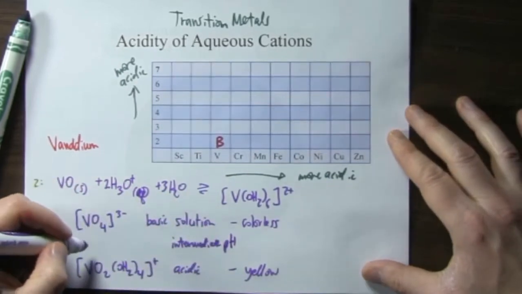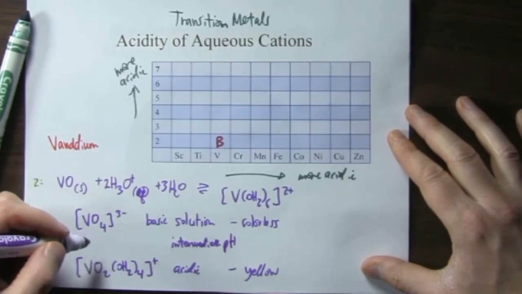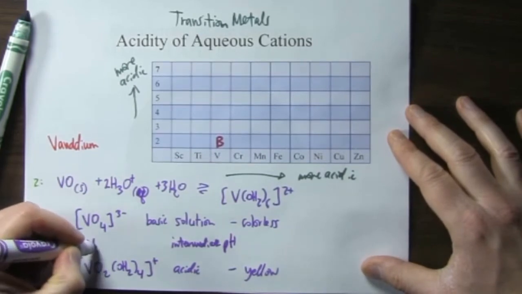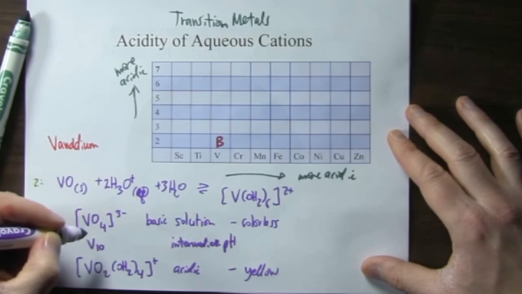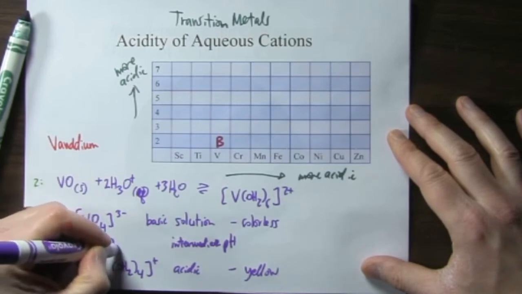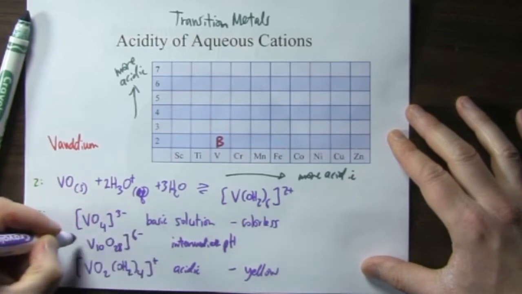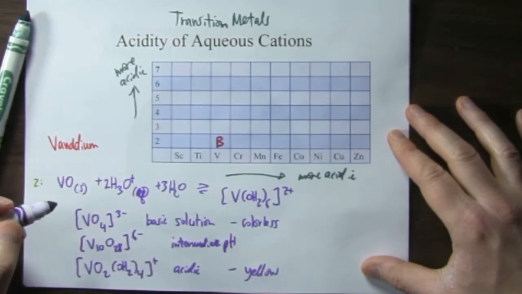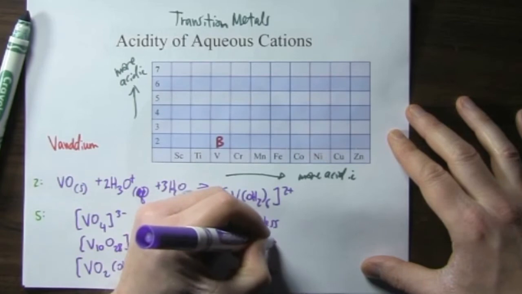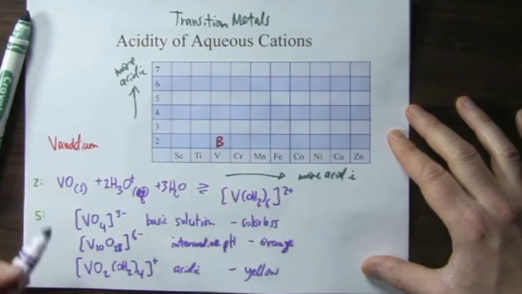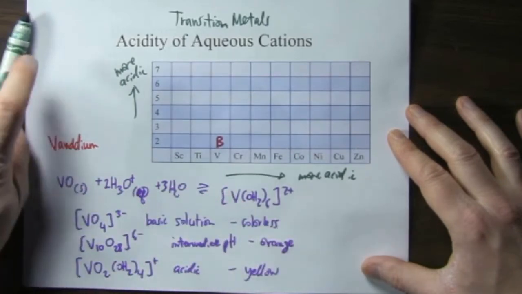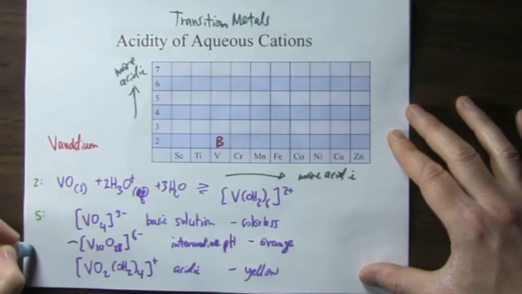the vanadium forms a decavanadate. So there's 10 vanadiums, 28 oxygens in this anion. And this is orange. So this is an example of a polyoxometallate.